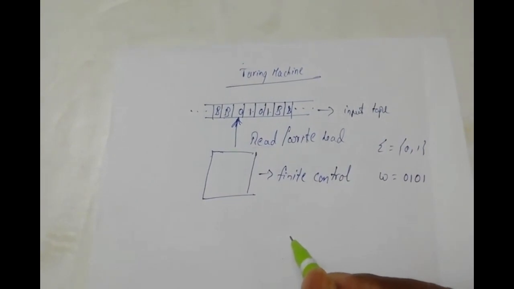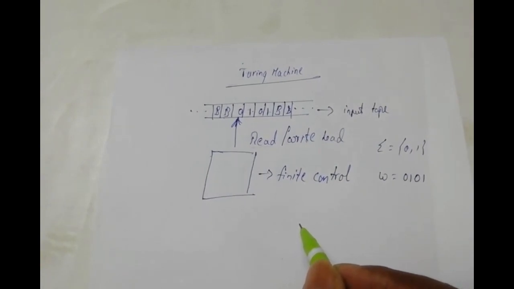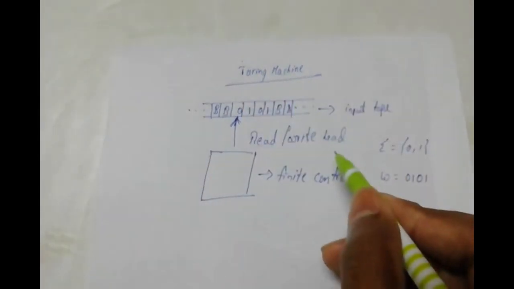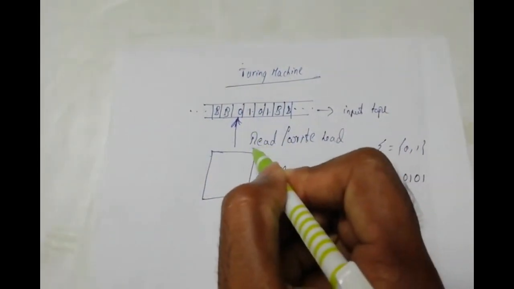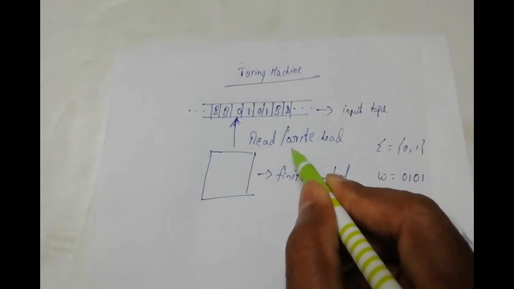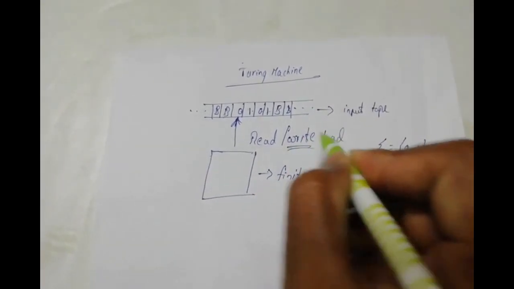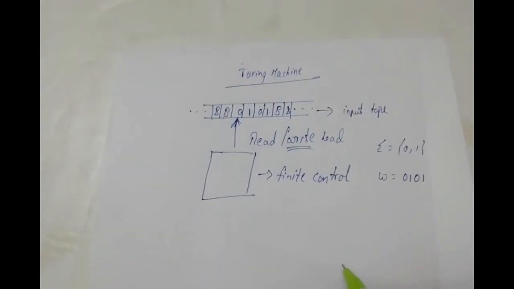They don't have the property of writing any content onto the tape. That is, they cannot modify the content on the tape in machines like finite automata and push-down automata. But coming to the Turing machine, it has the capability of both reading the content from the input tape and also writing content onto the input tape. That is, we can modify the contents on the input tape.